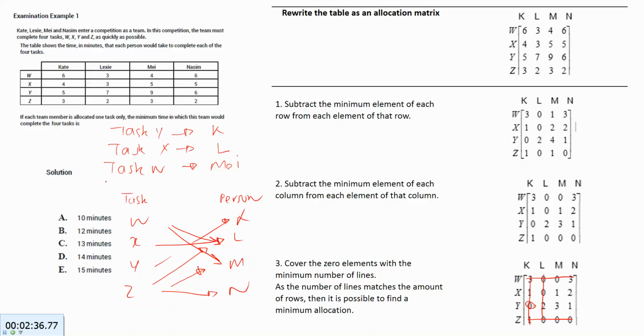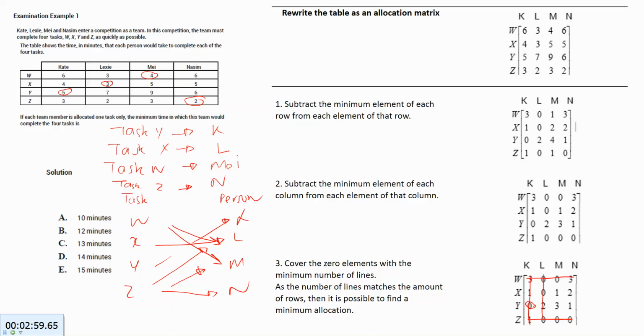And task Z must be done by Asim. Now because of that, if we circle it, task Y must be done by K. Task X must be done by Lexi, so task X, Lexi. Task W must be done by May. And task Z must be done by Asim.